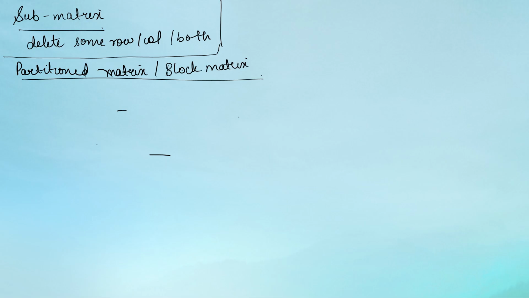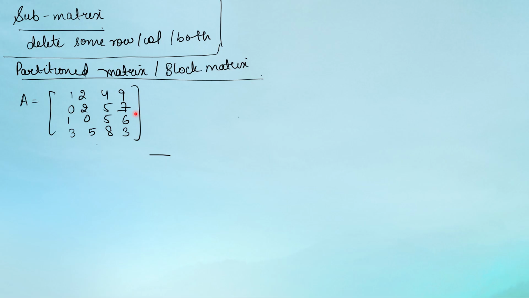Then let's take an example. Suppose you have a matrix 1, 2, 4, 9, 0, 2, 5, 7, 1, 0, 5, 6, 3, 5, 8, 3. How can you partition this? We'll explain it using a pointer. I hope you are able to see the pointer. So the first partition is after 1, 2.